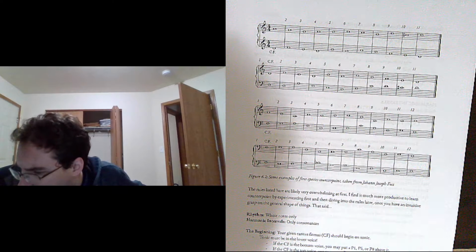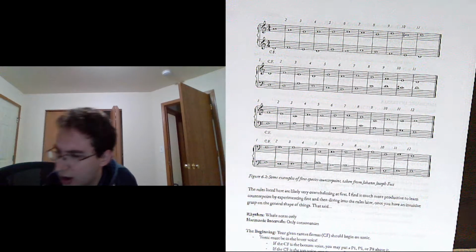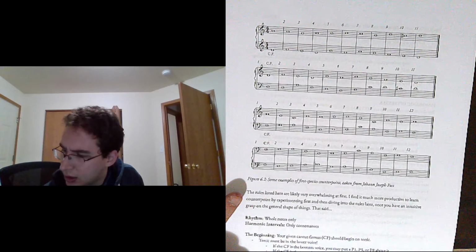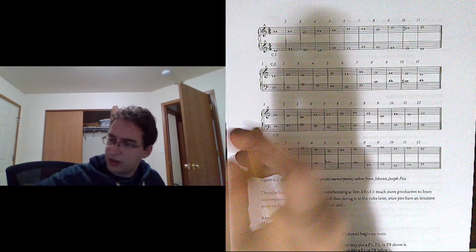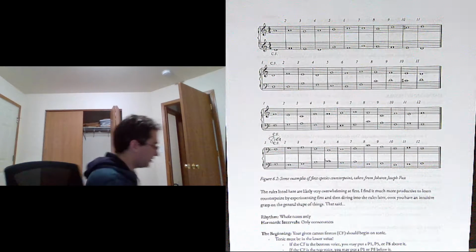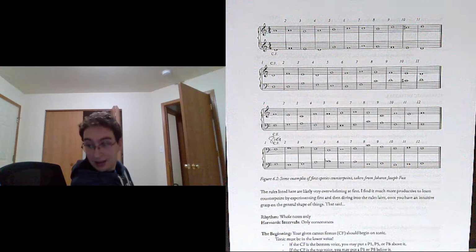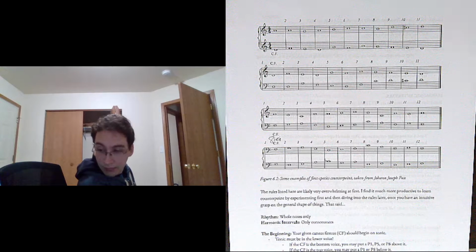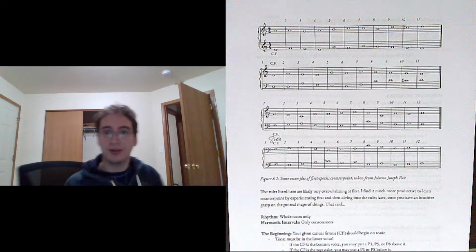Wait, what is going on here? Something is funky here. The voices should not cross, so I'm going to take a look at that. Yeah, so this should actually be an octave higher. So let's see what that sounds like. There we go. That makes more sense.